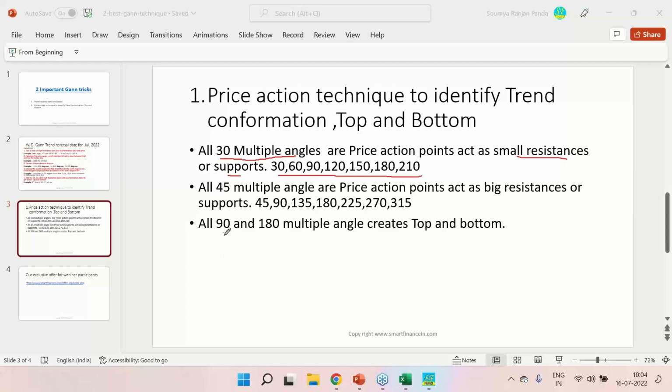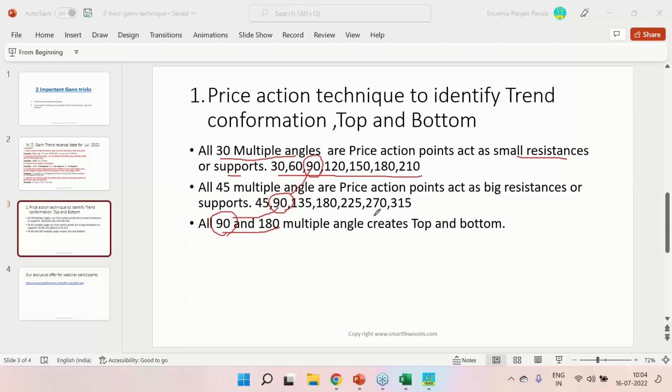And 90 and 180 multiple angles create the tops and bottoms, monthly or daily. 90 degrees reflects here, here, and again at 90. These are the most important angles, the most important resistances or supports.